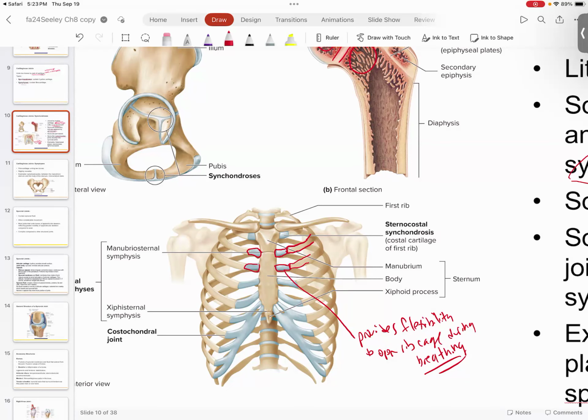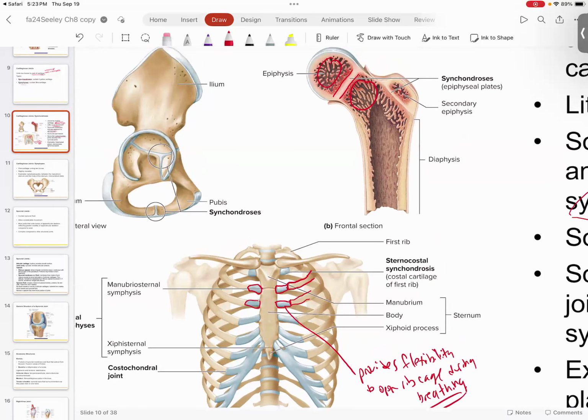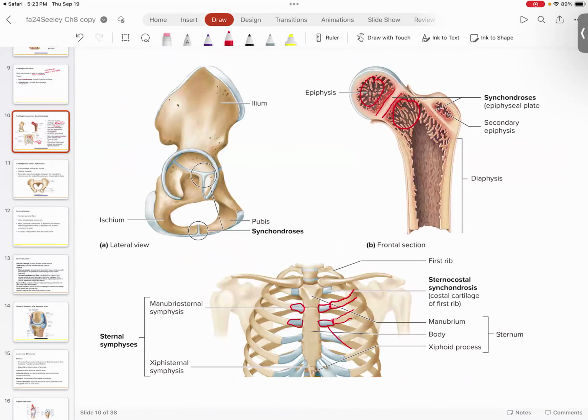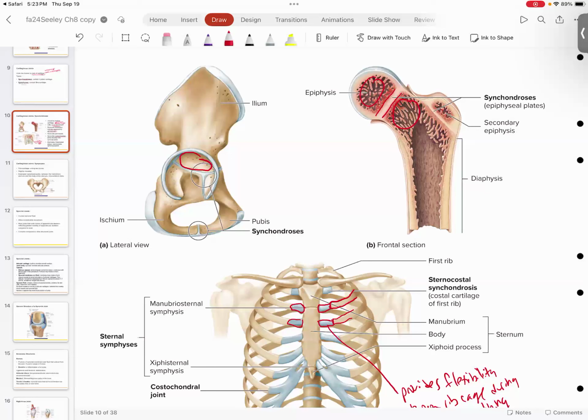When you take a look at the acetabulum, there are a couple of synchondroses here. You'll see the acetabulum is actually constructed by multiple bones, right? For instance, you'll find the ilium coming into the acetabulum, the pubic bone coming into the acetabulum, and the ischium coming into the acetabulum.